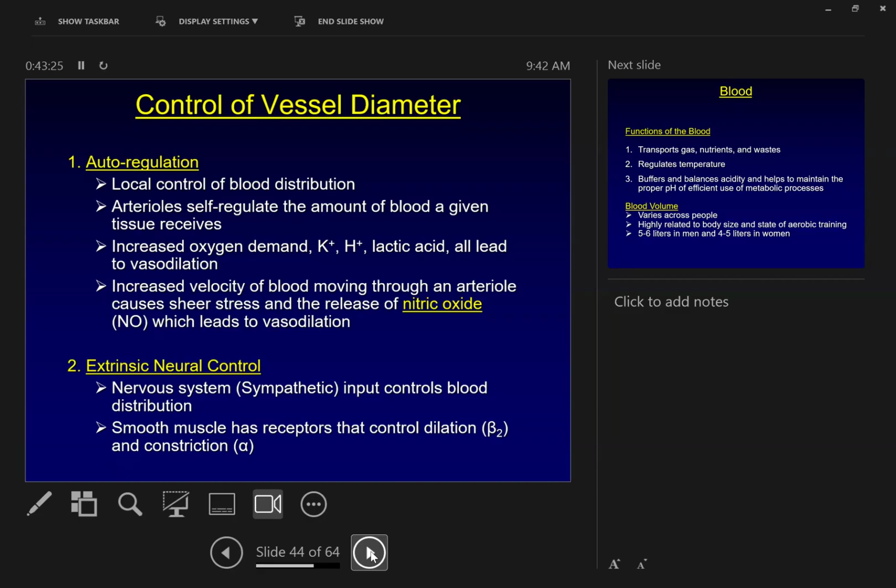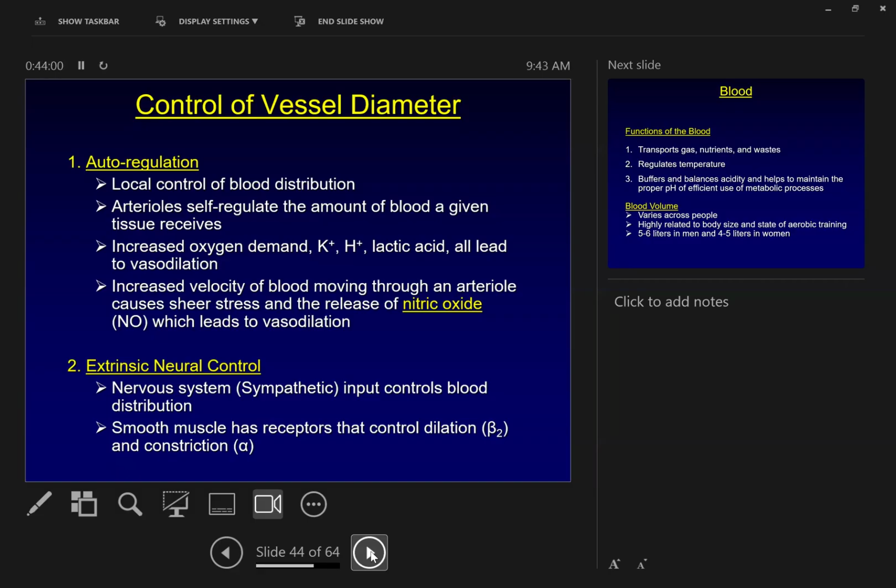That way we send the same signal, but we get opposite responses solely based upon the concentration of individual receptors for those neurotransmitters or for those hormones. And so the combination of these two things are going to get us local control for vasodilation in skeletal muscle, and extrinsic neural control to stop blood going to kidneys, liver, spleen areas. Okay, so we're shunting it away from one place, sending it all someplace else.